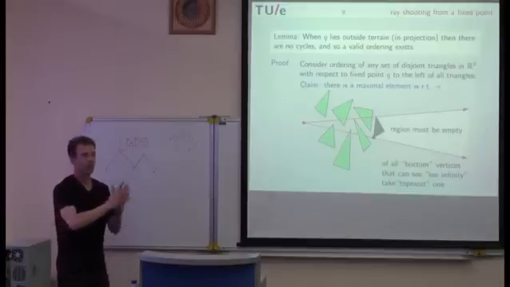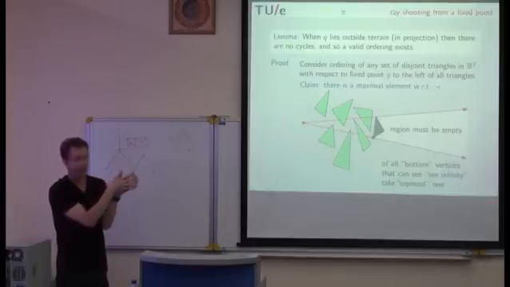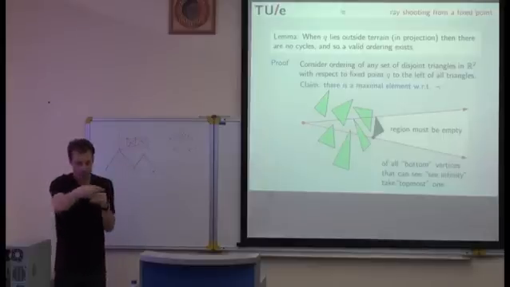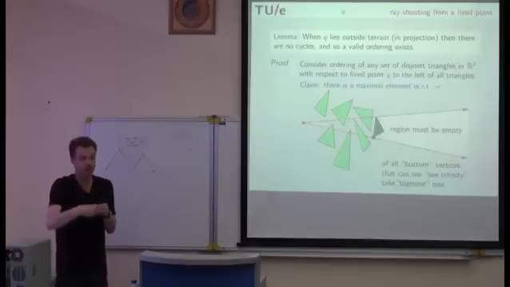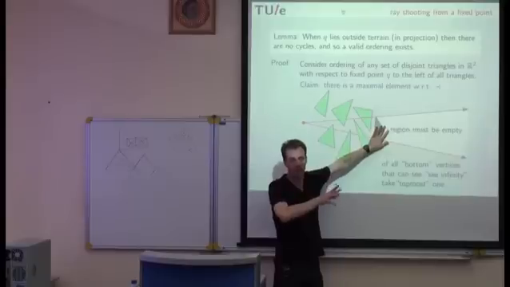No, so this is not part of the data structure for answering the ray shooting query. This only tells me that an ordering which is consistent with this in-front-behind relation exists. So this green one has nothing to do with the first triangle that I hit or anything.